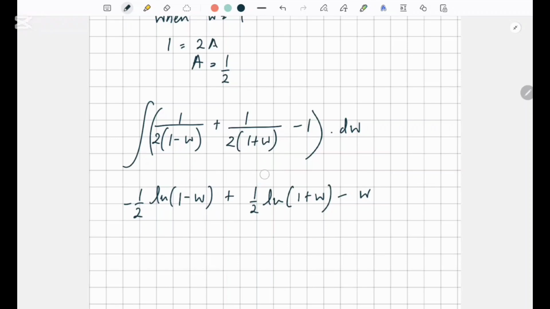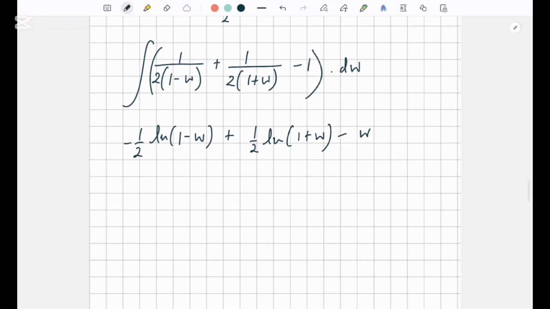The reason I'm not explaining that is because it's really easy, but if you guys are new to these types of questions, please drop a comment and I'll make a separate video on that. So you can take 1 over 2 out, and since you have ln functions, you can write this as 1 plus w over 1 minus w.